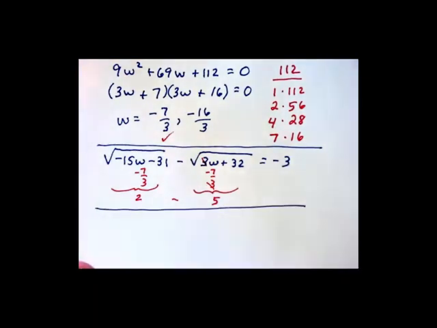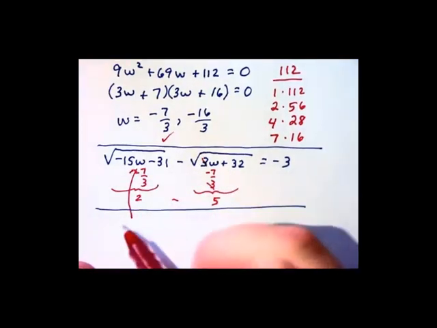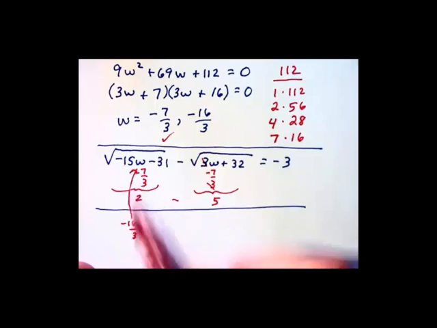Now, when I substitute in the negative 16/3 into this position, we have a major mess. The 3 cancels with the 15, making negative 5 times negative 16. That becomes 80. 80 minus the 31 is 49, and the square root of 49 is 7.